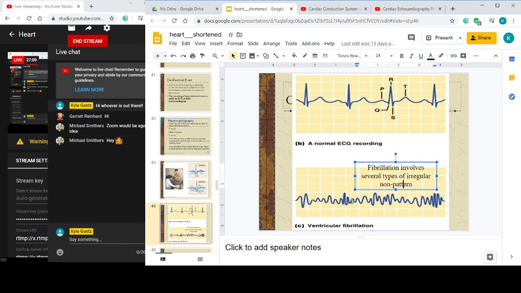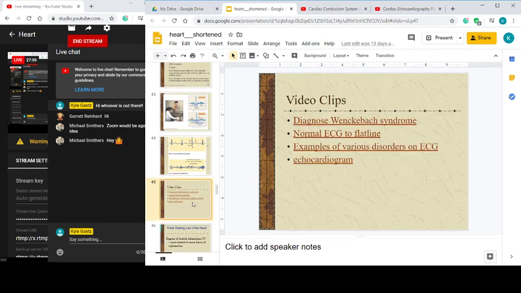So when we get something like this, that means we have completely uncoordinated movements of the heart and the electrical events going on with it. There's no pattern anymore. The atria and ventricles are contracting all over the place, randomly, and not waiting.